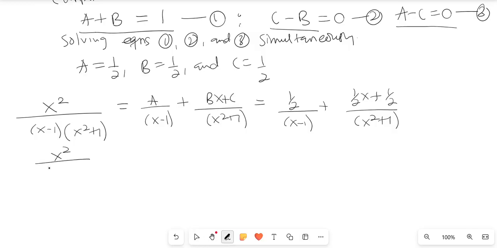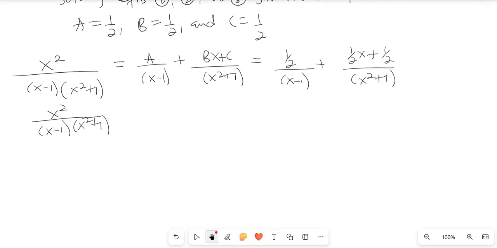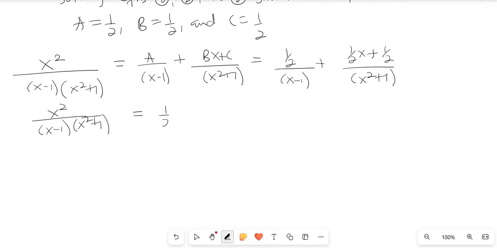So x squared over x minus 1 times x squared plus 1 is equal to 1/2 times 1 over x minus 1 plus 1/2 times x plus 1 all over x squared plus 1.